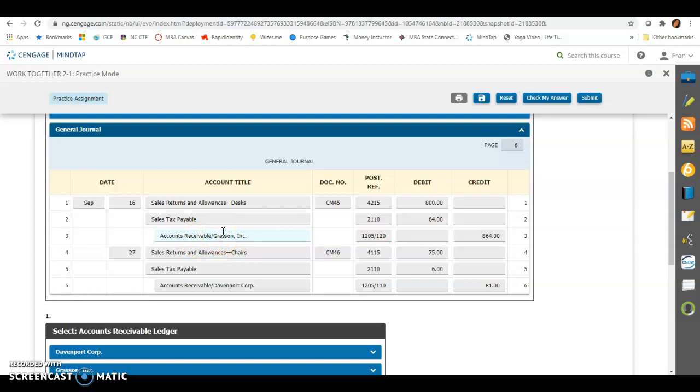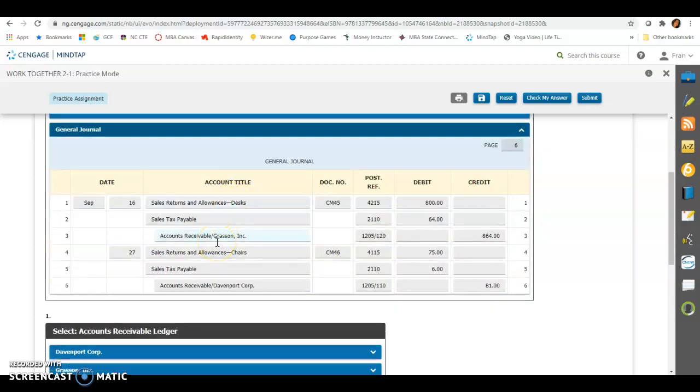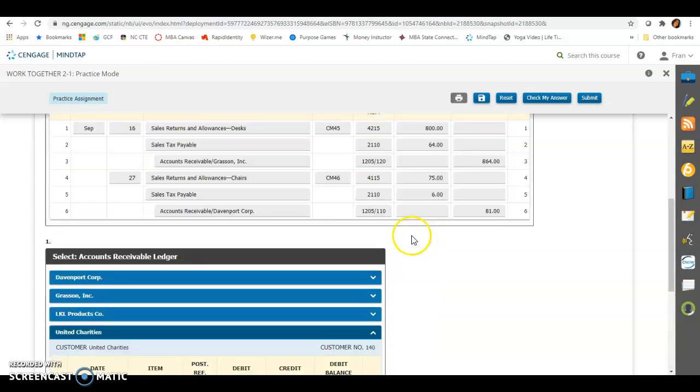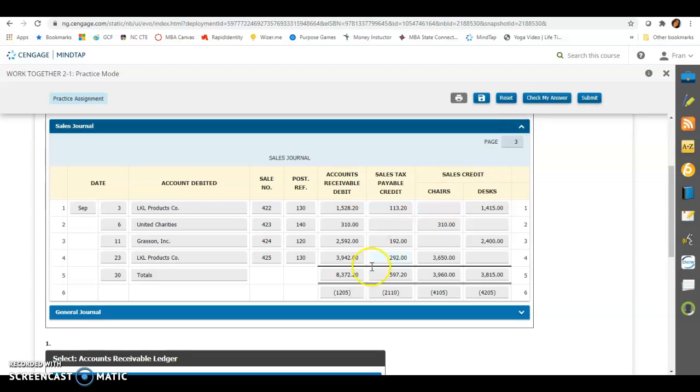The last thing you're going to want to do, after you've done the posting to those ledgers for the sales journal and general journal entries, is come back up here to the sales journal, because we know these are the last entries since they're done on the 30th, and post the totals for these 4 columns.